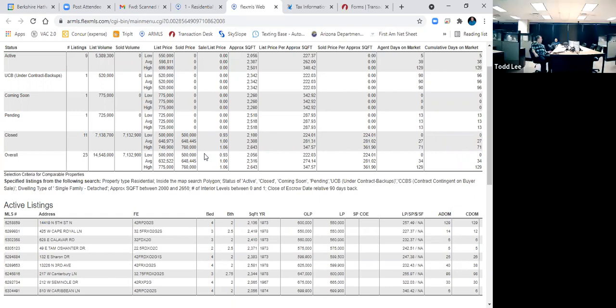If I'm looking at a standard pool on a house, I can do it either way. I can either add $10,000 onto the price of that house to say what it's worth, or I can take $10,000 off of mine without the pool. So you can make your adjustment there.